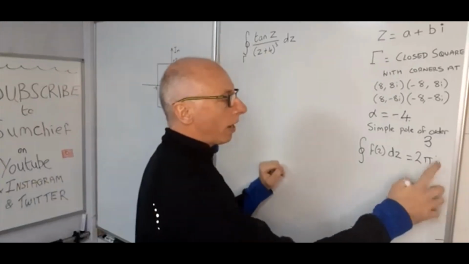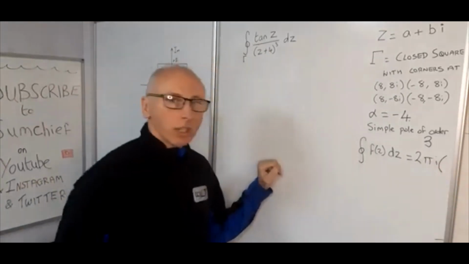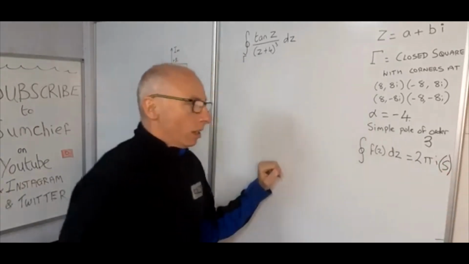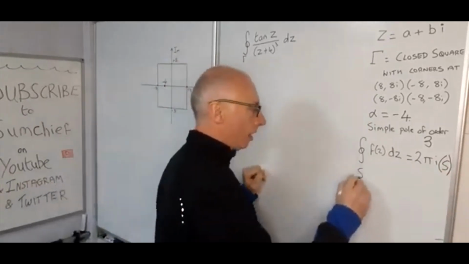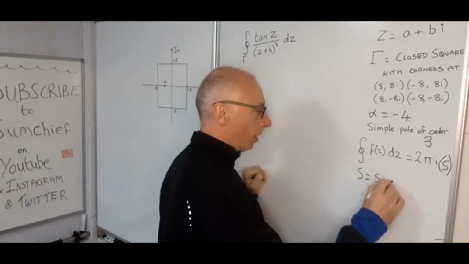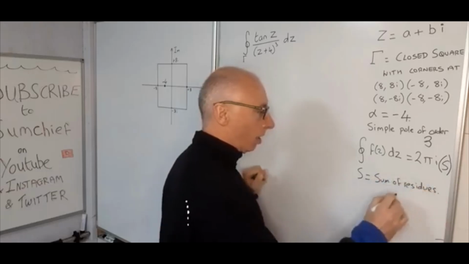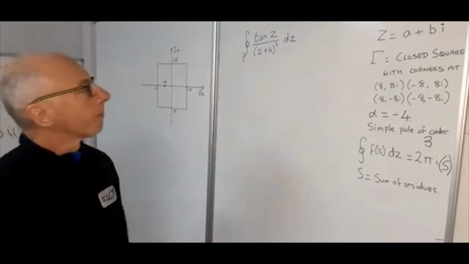So 2 pi i, for this occasion I'm going to use s. So s equals the sum of the residues of this function.